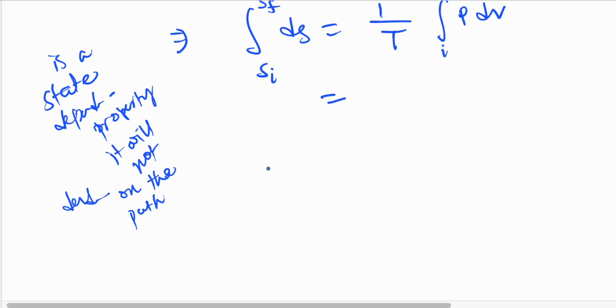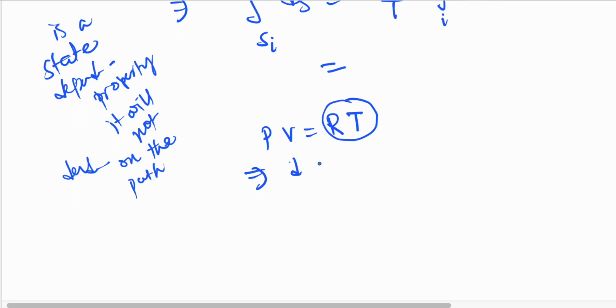Now we know that PV equals RT. Here RT is constant, R is constant, and T is also constant. That means PdV plus VdP is equal to 0.